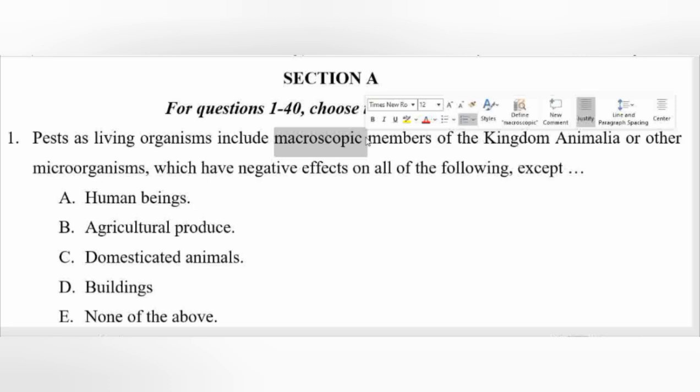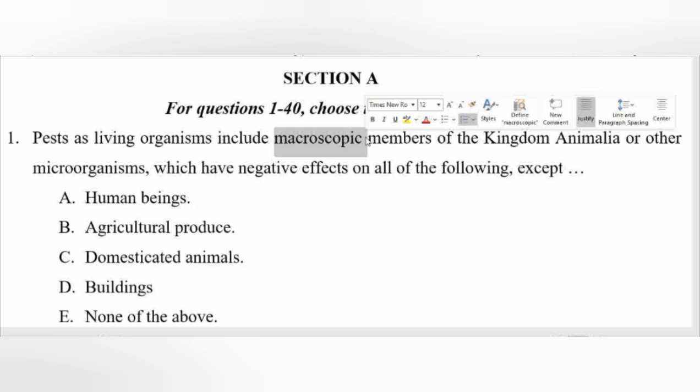What are pests? Pests are organisms which may cause disease or may be the means through which a disease may be transmitted, or they may cause nuisance. They may be at a place where they are not wanted and things like that. And they have negative effect. Pests have direct or indirect impact.